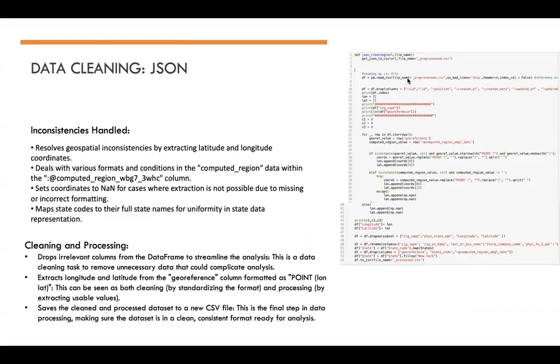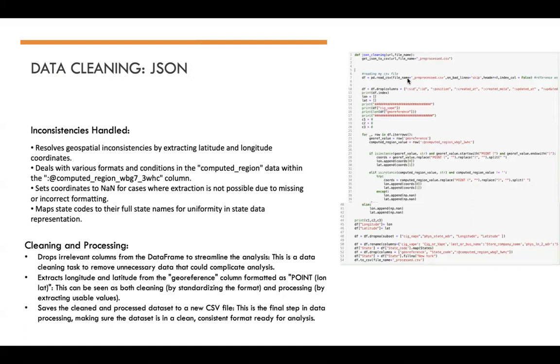In my code, I noticed that the data set had some inconsistencies, so I tried to resolve these. The geospatial discrepancies I solved by extracting latitude and longitude coordinates from 2 different columns and formatting them into my data set. Where coordinate extraction wasn't possible due to missing or incorrect information, I set those values to NaN to maintain the integrity of my data.